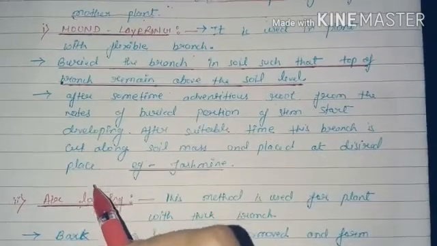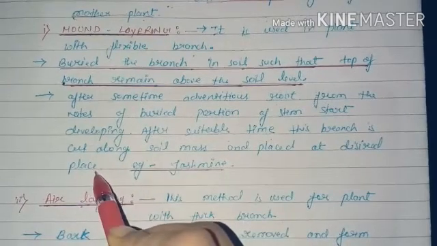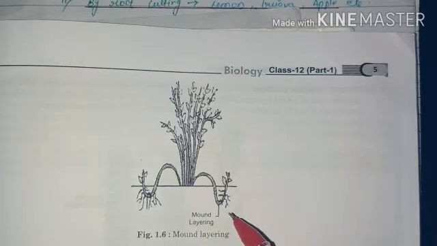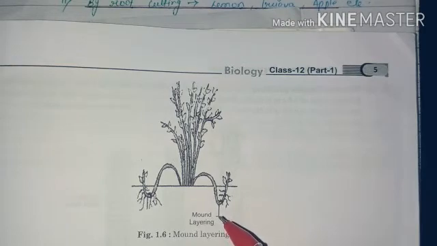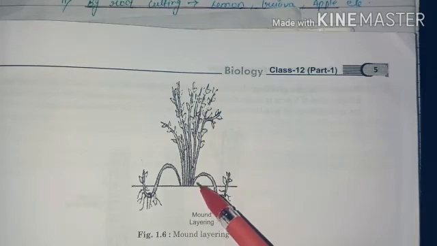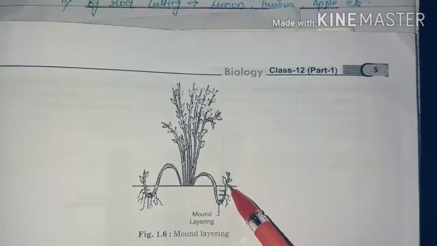Now I will explain this complete mound layering process with the help of a diagram. So listen carefully. Mound layering is used for flexible plants whose branches are very flexible. We bend one branch down and put it into the soil, but the tip portion should be above the soil surface.